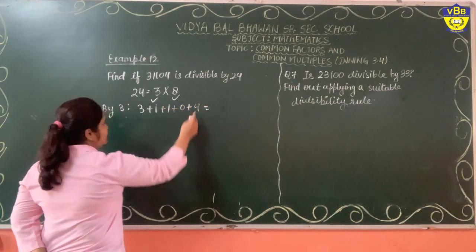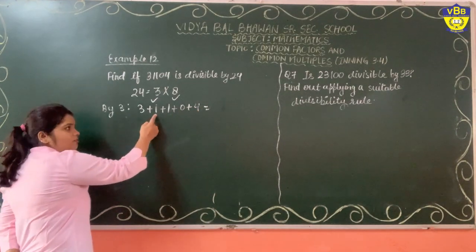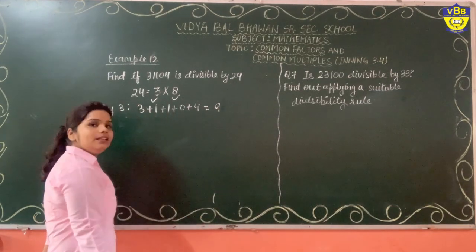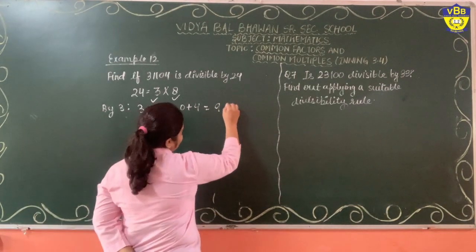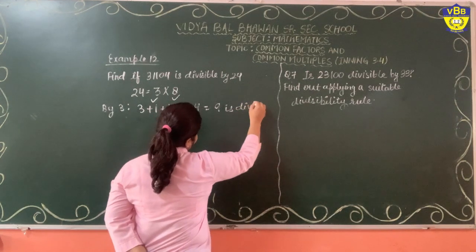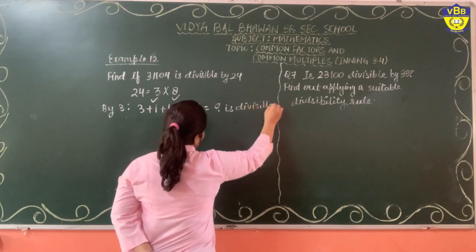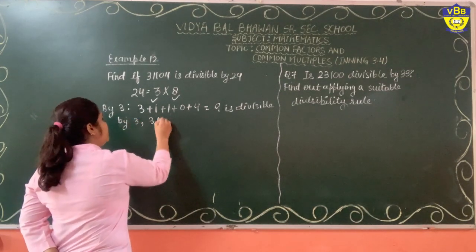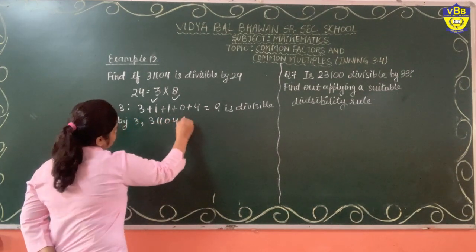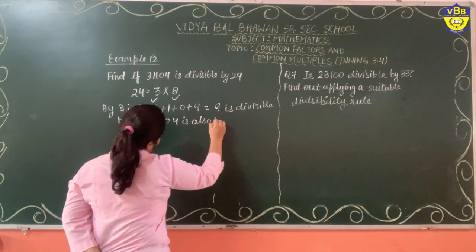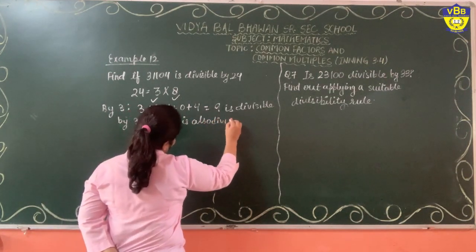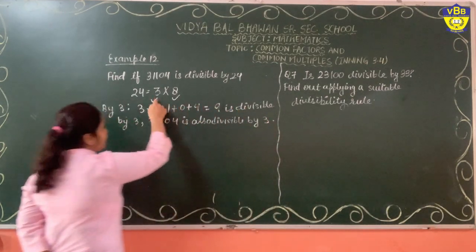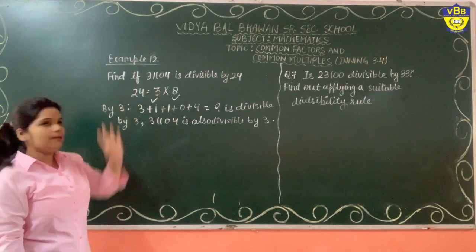That gives 4 plus 1 is 5, 5 plus 1 is 6, 6 plus 3 is 9, and 9 is divisible by 3. So 31104 is also divisible by 3.